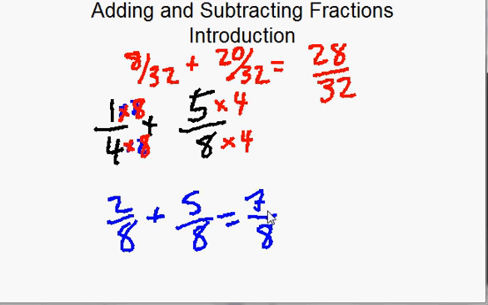Does that match my answer 7/8? Well, I just have to do some reducing here. So I divide top and bottom by 4 to reduce this fraction. So I end up with 7 over 8. It works.